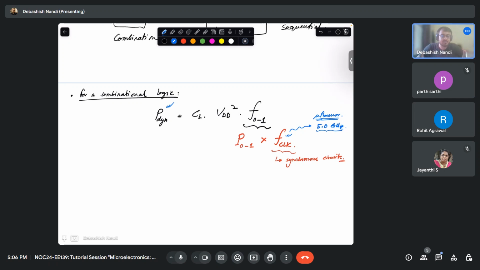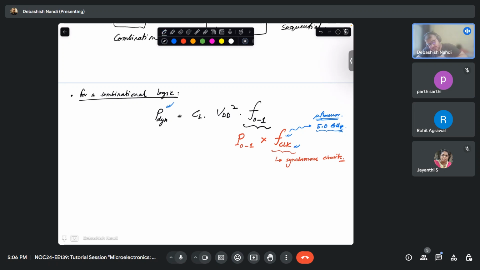Suppose I have 64 cores, that is equivalent to increasing my clock frequency by 64 times. So this clock frequency determines the maximum speed of the 0 to 1 transitions. That is what digital circuits and microprocessors do actually.